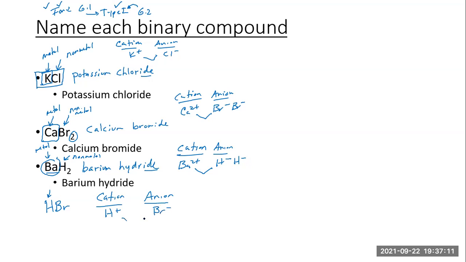That's why when we put it together, we just need one of each of those, equals 0. We actually follow kind of the same rules when you have hydrogen. Hydrogen has some different properties, but we would just call this hydrogen bromide. So hydrogen is a little bit different if it comes in front. Even if there are multiple hydrogens in front, we still just call it hydrogen and whatever the negative guy is.